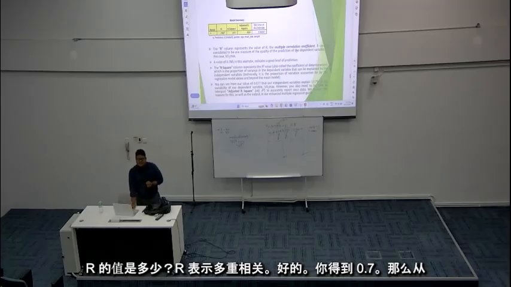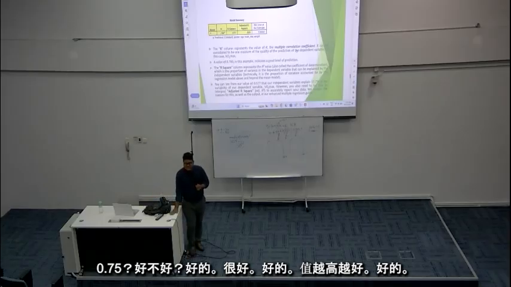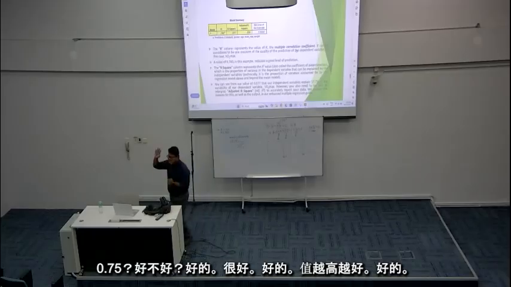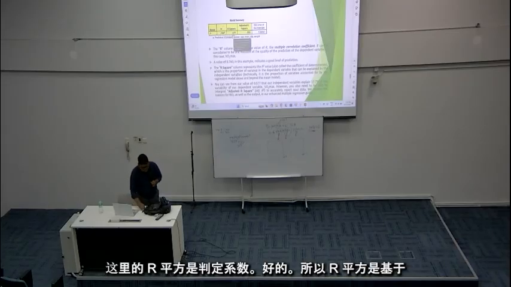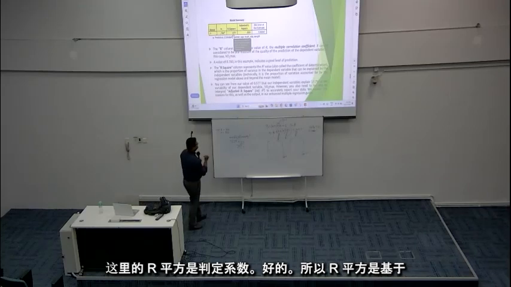You get 0.75. What does it indicate? Is it good or not? It's good, the higher the value the better. We also have R square. You should be able to explain R and also R square. R square is the coefficient of determination.